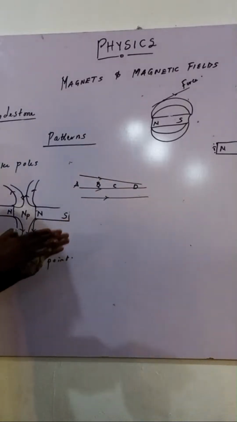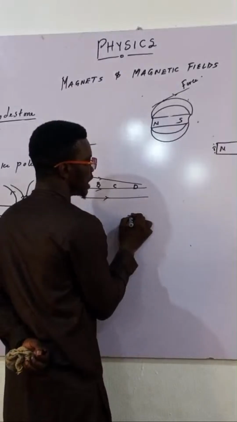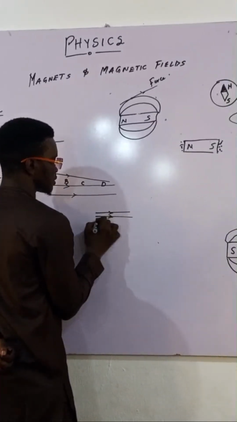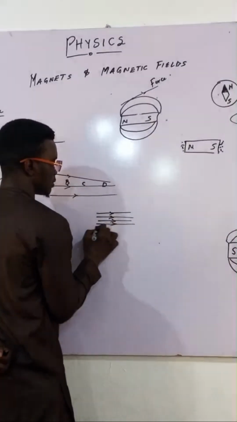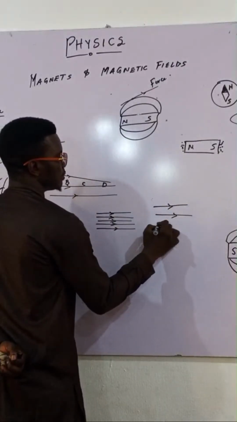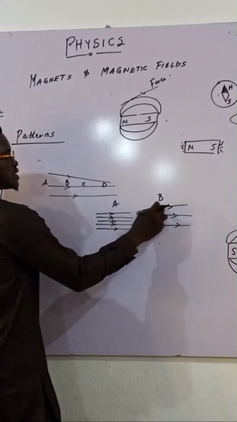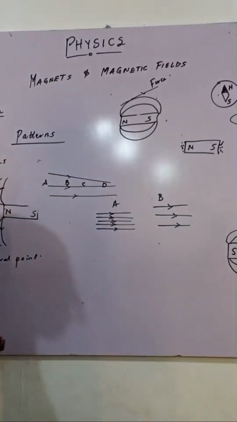At D, where they are packed together. Or you have the field lines like this, and you have just a few field lines. Between A and B, even if each line has equal strength, which one do you think the magnetic field will be stronger?